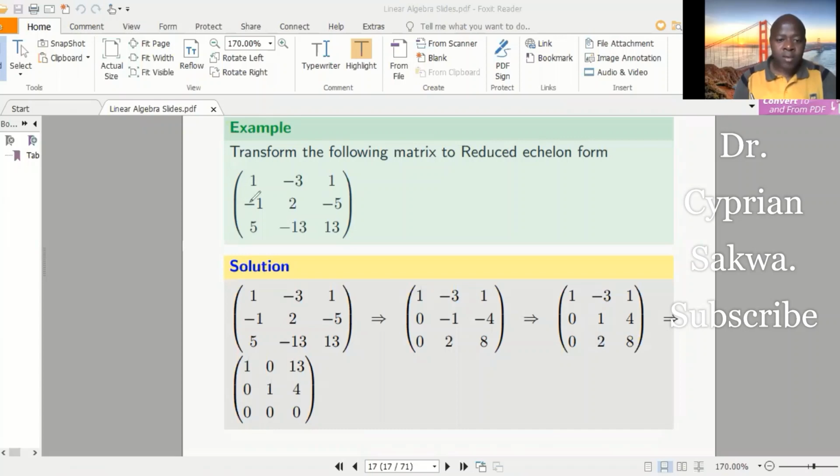But since it's already a 1, we ensure that this becomes 0 and this becomes 0. So how do we do that? By taking row 2 plus row 1, gives me a 0 in this position, and then row 3 minus 5 row 1 gives me a 0 in this other position.